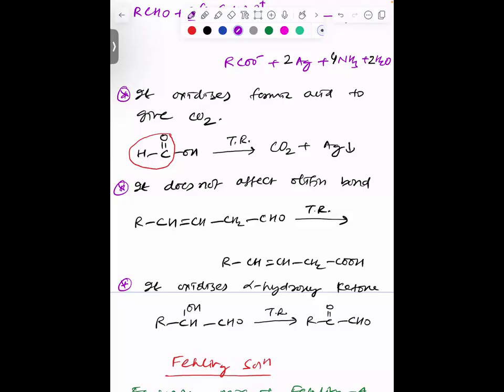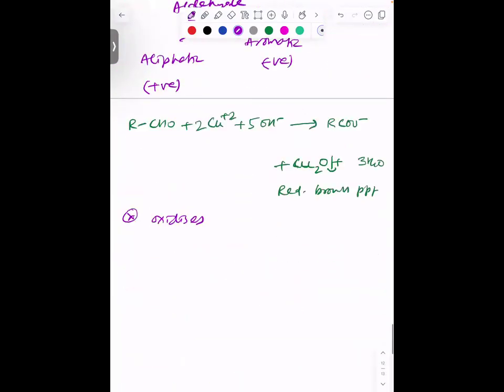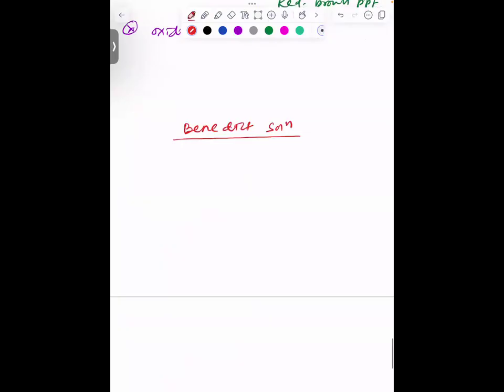Then we will see Benedict solution. Then we'll go to the reduction of aldehyde and ketone. Benedict solution: what is the role of Benedict solution?